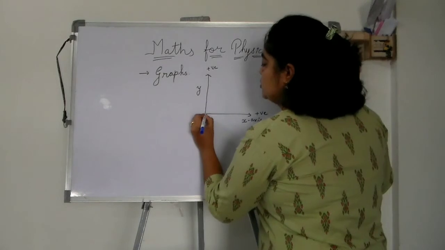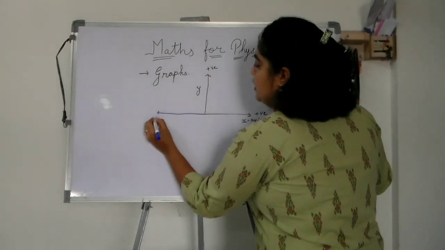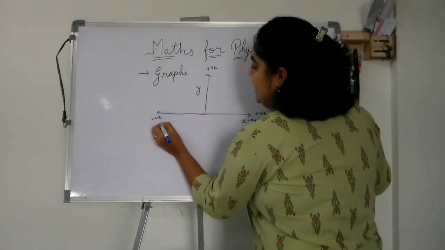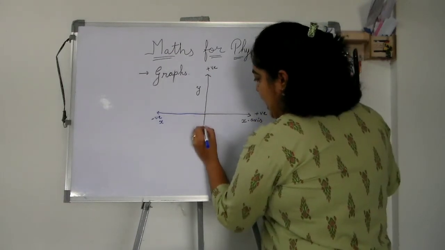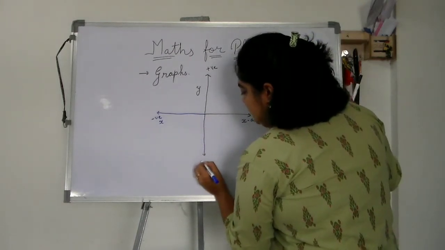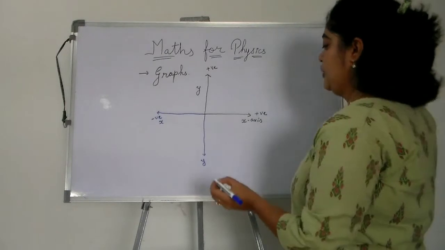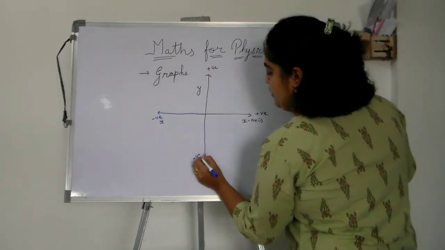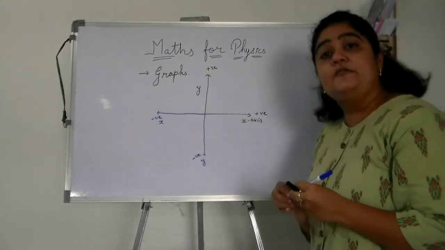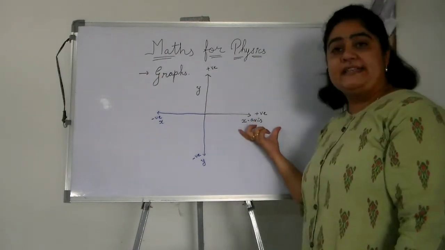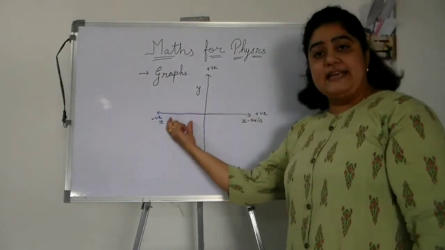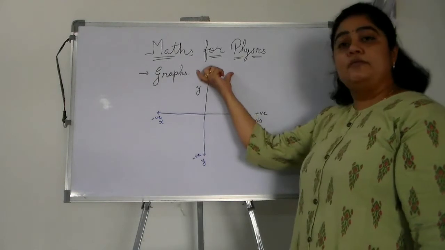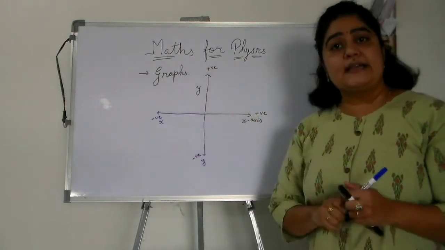Secondly, we can also have a negative x-axis and a negative y-axis. So let us again freshen up. We have a positive x-axis, a negative x-axis, a positive y-axis, a negative y-axis.